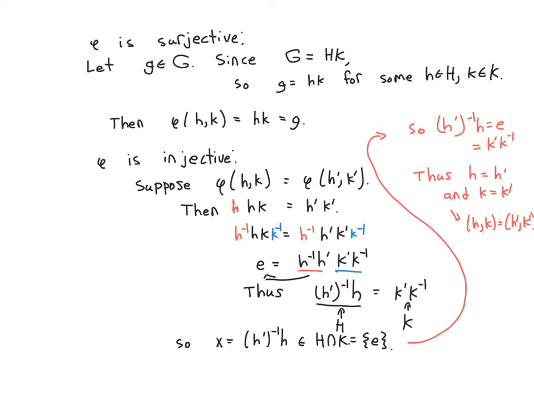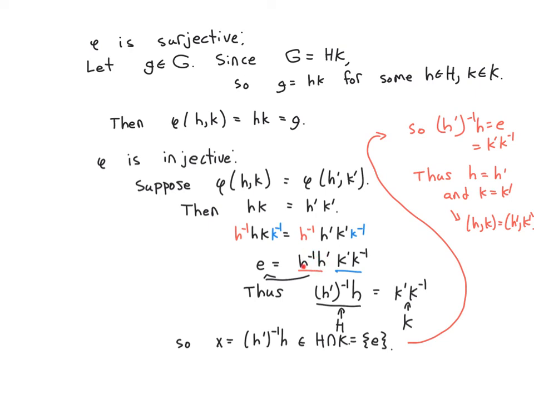Well then, let's multiply both sides of the equation on the left by h inverse and on the right by k inverse, mainly so we can get the identity on one side. And what do we get? We get h inverse h prime times k prime k inverse is equal to the identity.